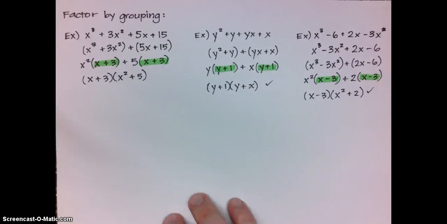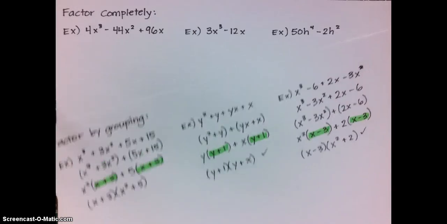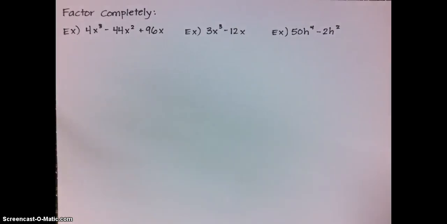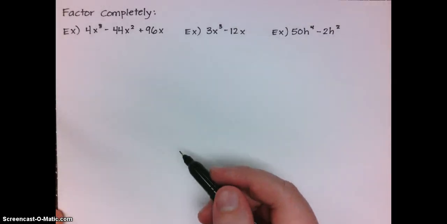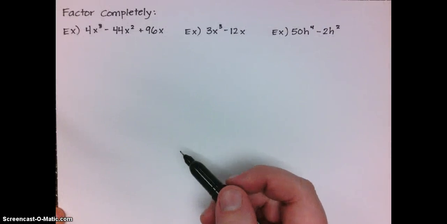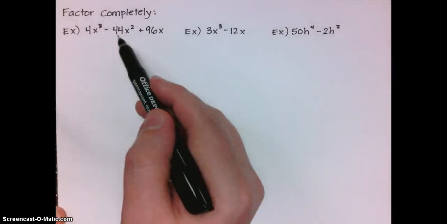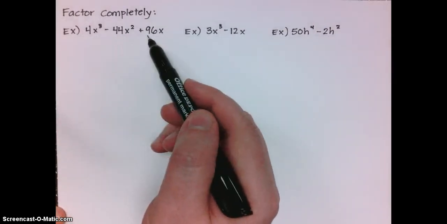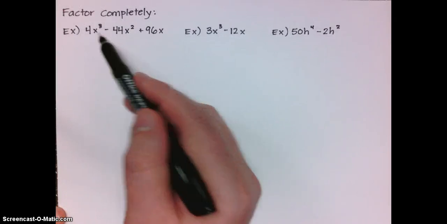So now let's move on to something else, okay? It's going to look a little similar, but there are even more numbers and more variables in some of these. So what I would say here, because this is a trinomial, I only have 3 different aspects of it.